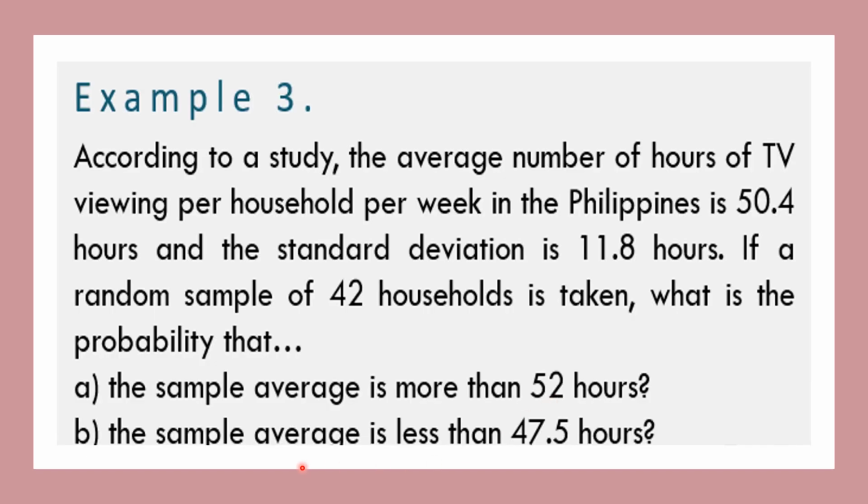So, for letter B, how about if the sample average is less than 47.5 hours? What is the probability? For our given, instead of 52 as our x bar, it becomes 47.5 hours. Take note, less than. Therefore, the normal curve should be shaded to the left.